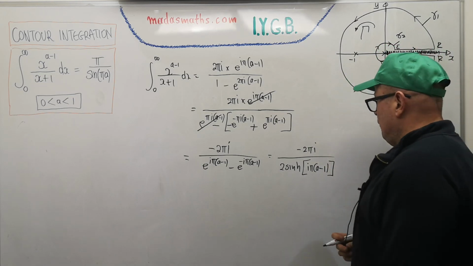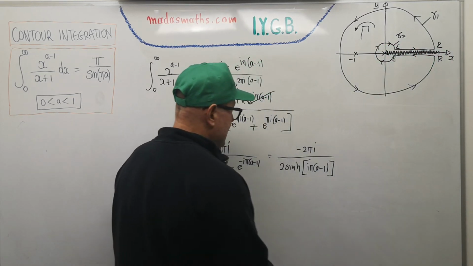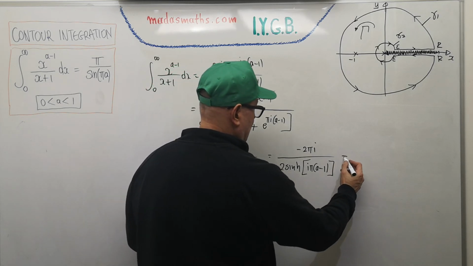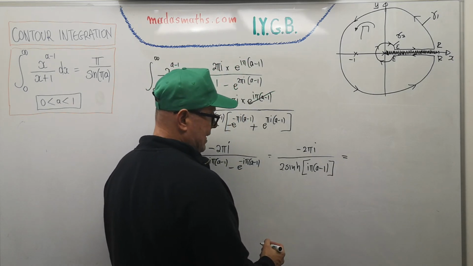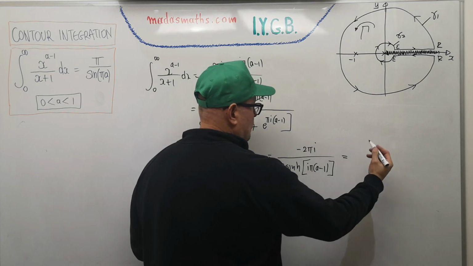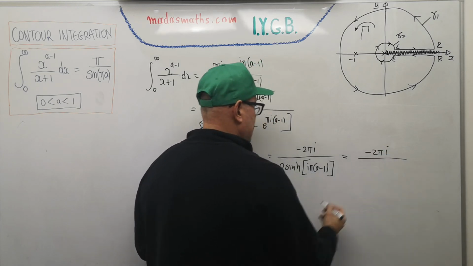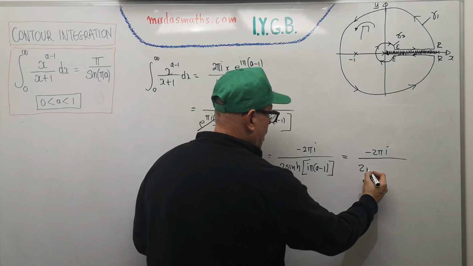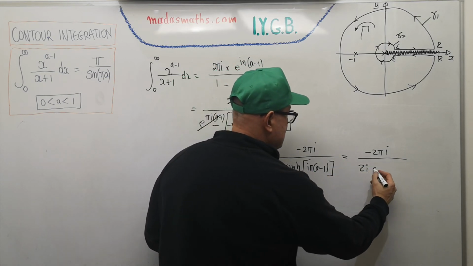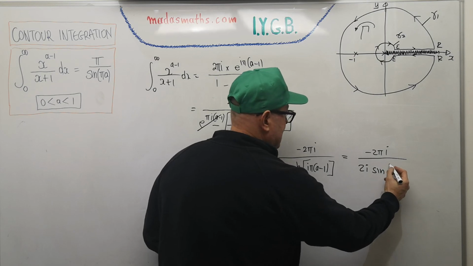Next, of course, is the obvious property: sinh of i times a real is the same as i sine of the real. That's from further maths, not actually university stuff. So this is now 2i, and the sinh becomes a sine of exactly the same argument.